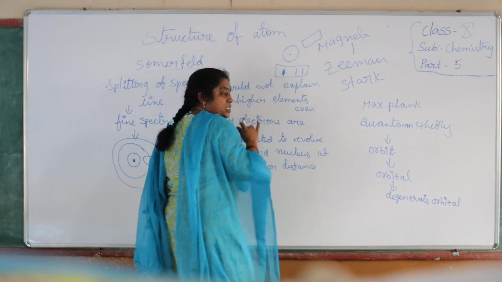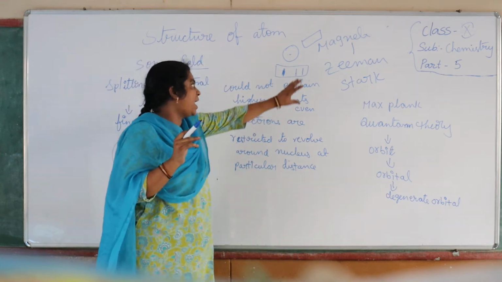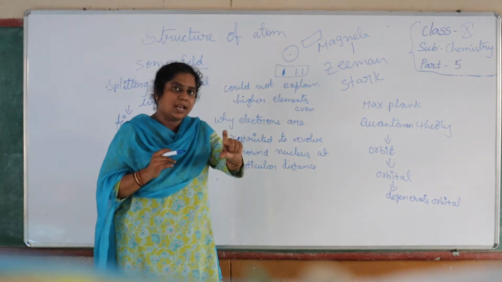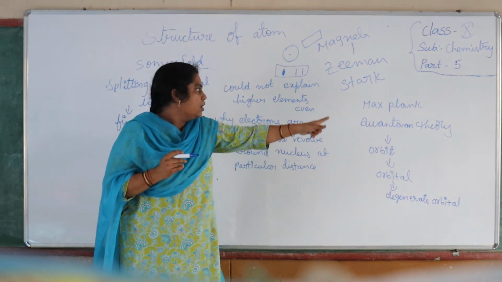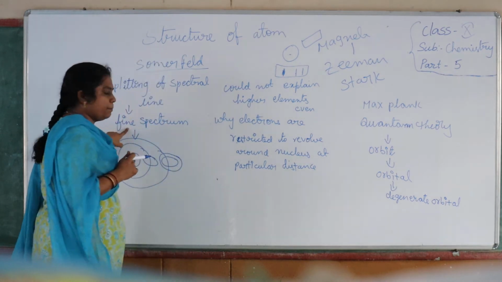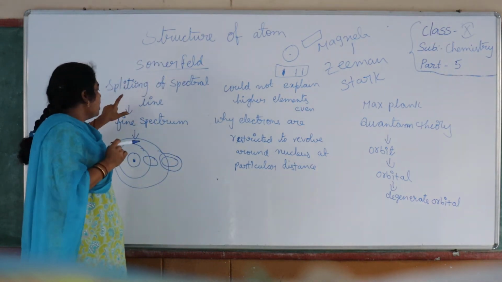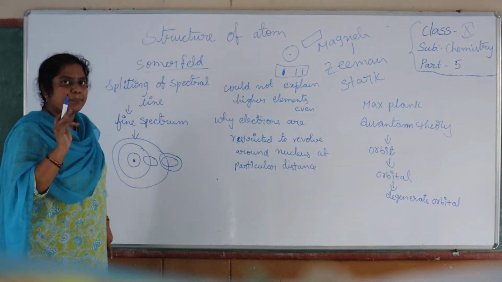Again they will split in the presence of a magnet. If a magnet is placed near a hydrogen atom, those lines will split again. You get a fine spectrum. From these lines, you get small lines. That is called the fine spectrum.